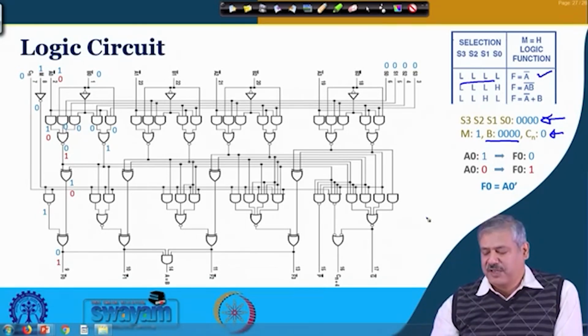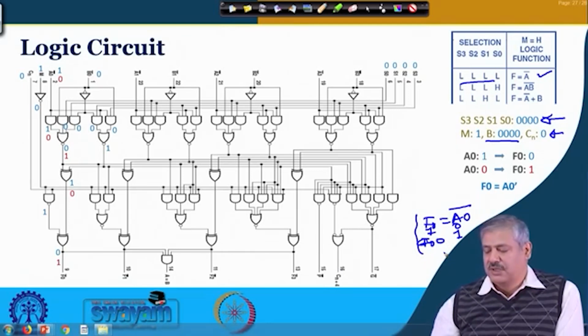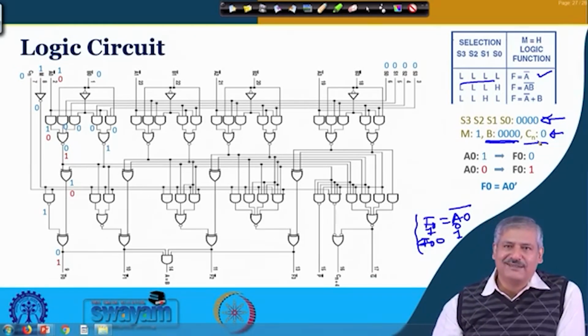So, we expect that F0 will be A0 bar. That means when A0 is equal to 0, F0 will be 1, and when A0 is equal to 1, F0 will be 0. This is what we expect, similarly for other cases. It does not depend on B, and Cn is immaterial. That is what we expect, and we can see whether it is happening or not.